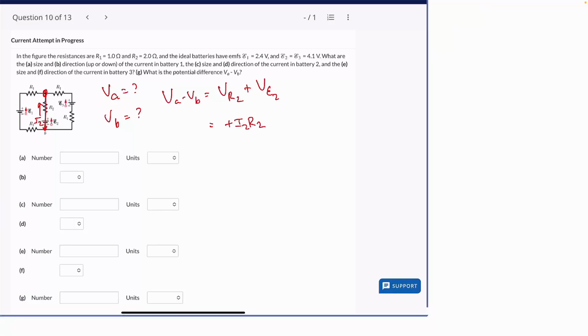And then my loop direction is taking me from a positive to a negative part of the battery. Is that a positive or negative voltage? That's negative. Minus E2. And then I would throw in the numbers that I had for the problem and get that. There's a 50% chance I did it backwards. If that answer doesn't work, try the negative answer. But that should be it.